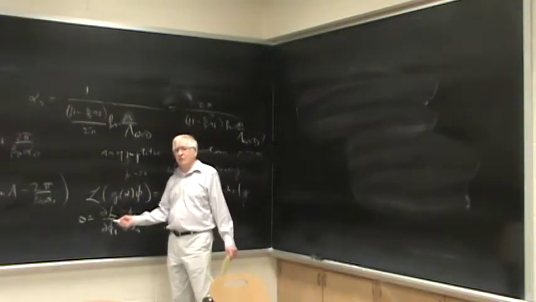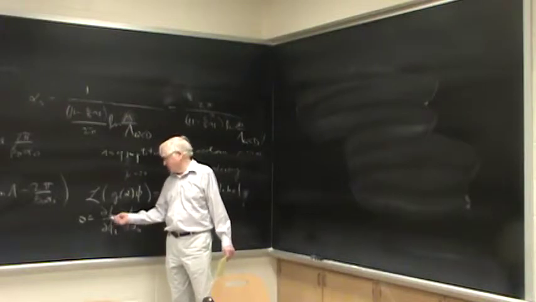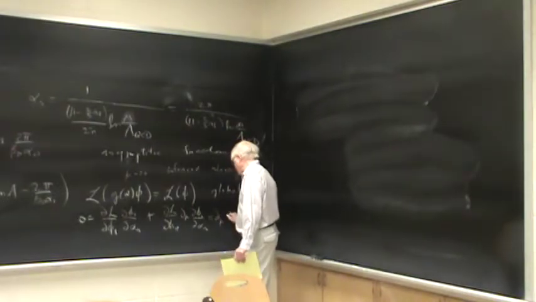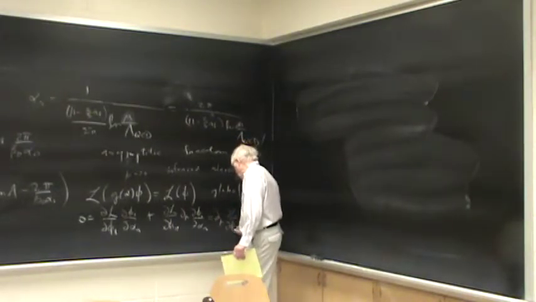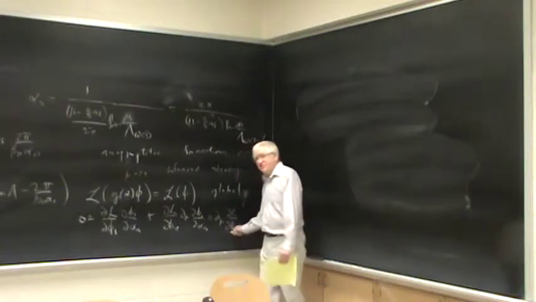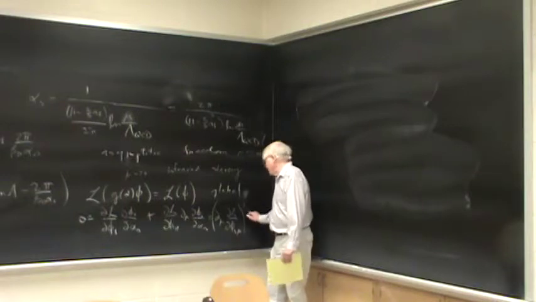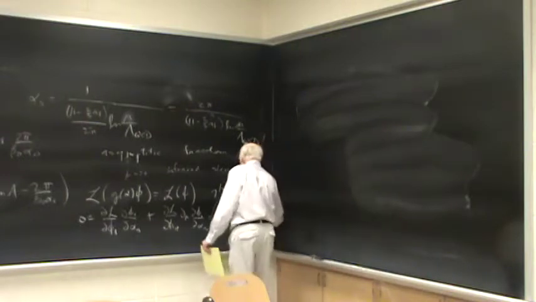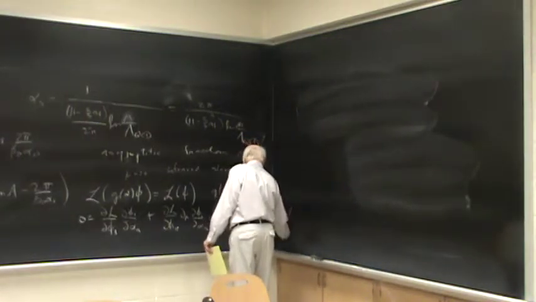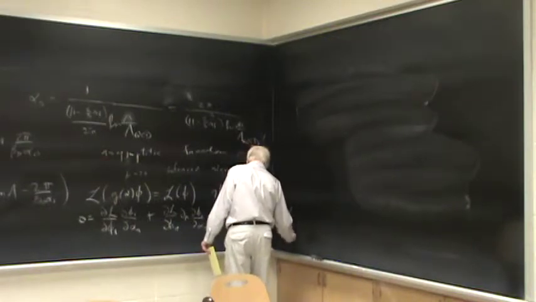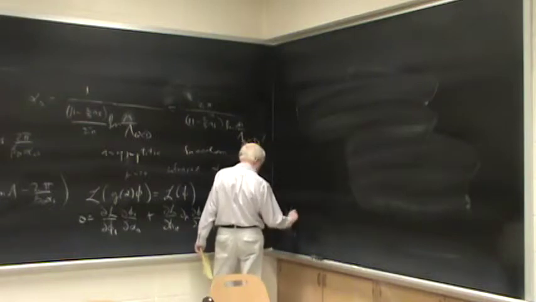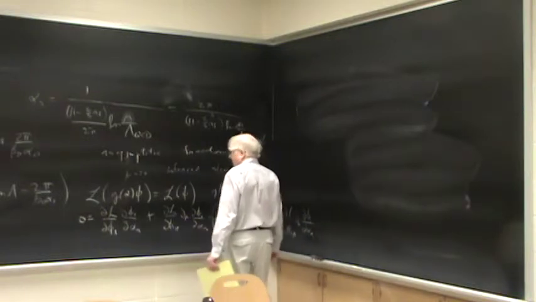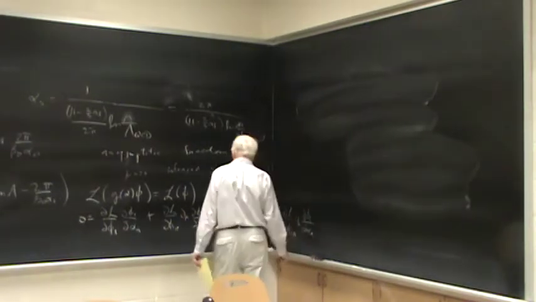Because if we now enforce the equations of motion, we can write partial L, partial phi I as the muth derivative of partial L, partial the muth derivative of phi I, and then this is partial phi I, partial alpha A, and then the other term is partial L, partial phi I comma mu, d mu of partial phi I, partial alpha A. And that then is zero if the equations of motion are satisfied.